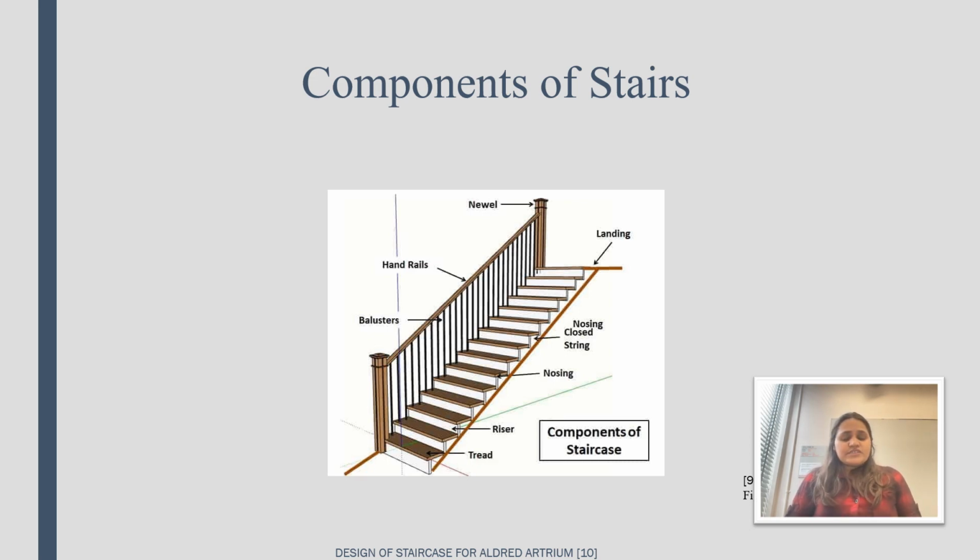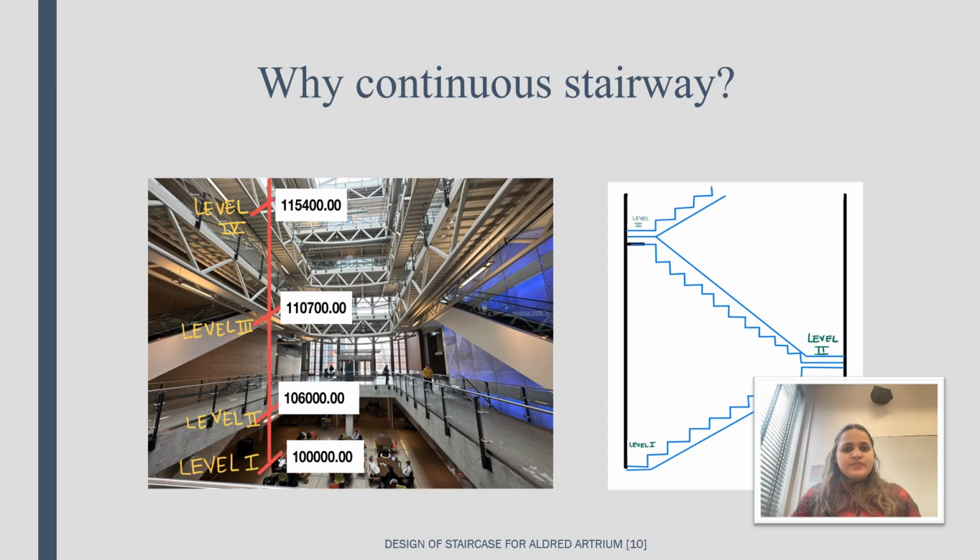The only difference that sets landings and flights apart is their width and their connectivity after every flight to another floor. As is clearly evident in the picture, the elevation difference between the levels is not similar.